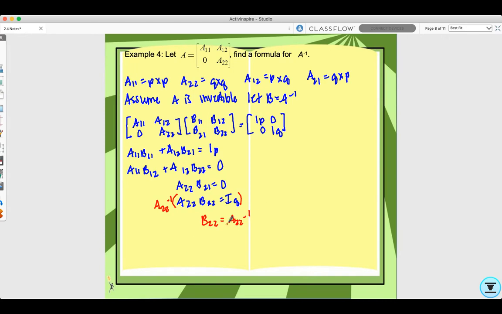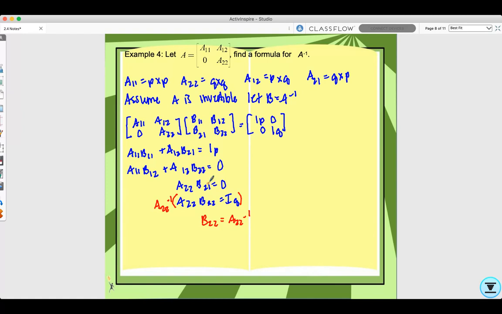Then I can have B21 equal, like if I took the inverse of this one, B21 would just be 0.